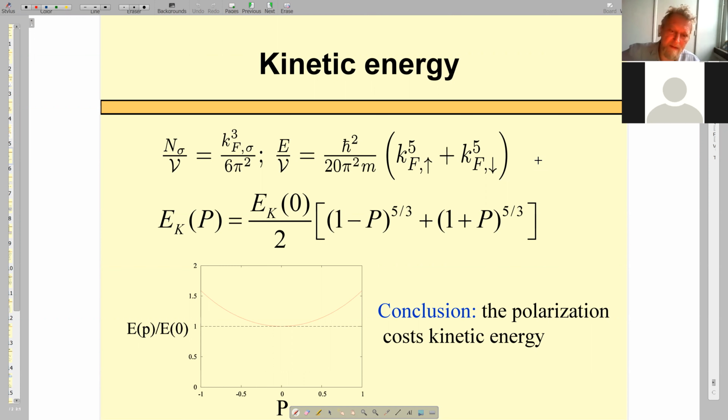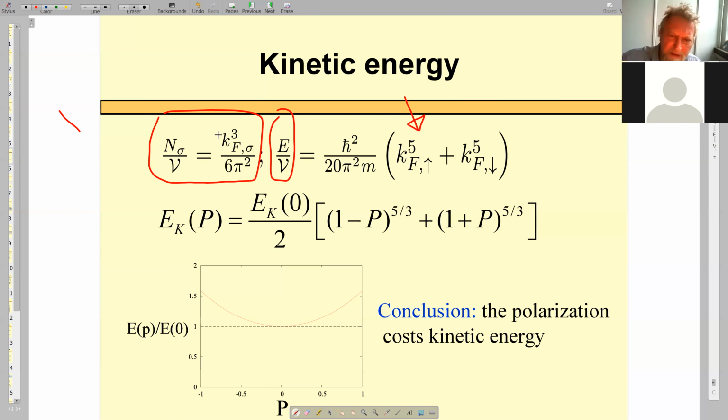Good. So how can we compute it? Just some fancy way to present it, which appears to be useful. I notice that in any case, for each spin direction, the number of electrons is proportional to the cube of Kf. On the other hand, the energy which we want to compute, as you can see from the previous calculation, is proportional to the fifth power of the corresponding K vectors.